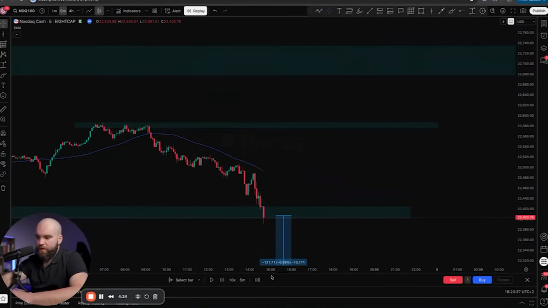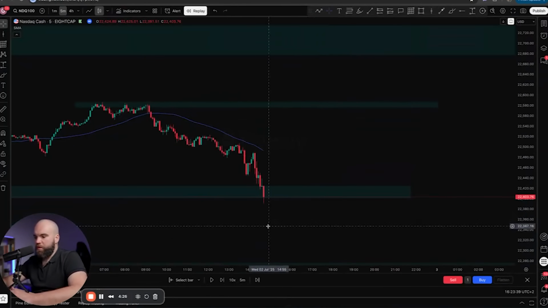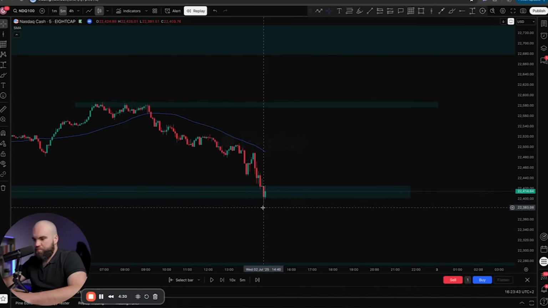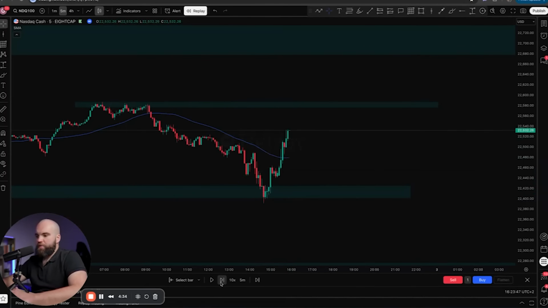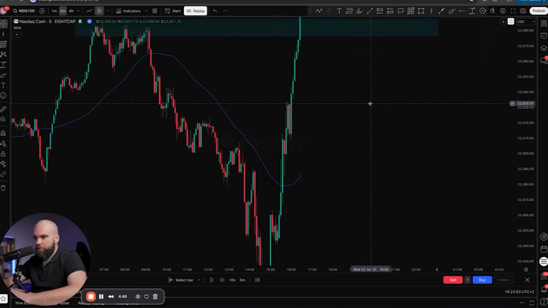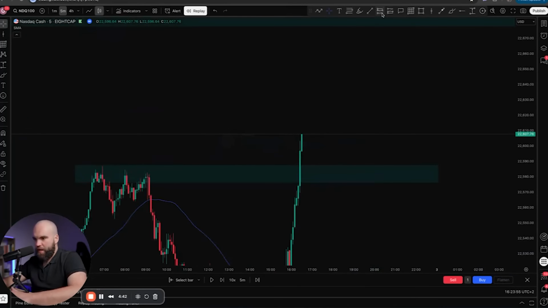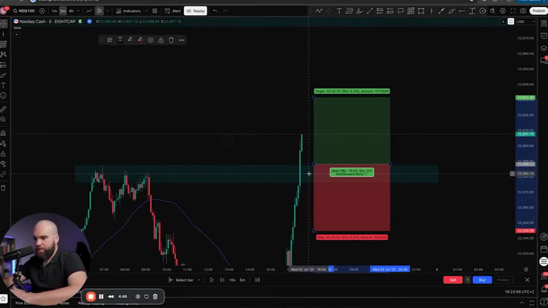So let's have a look at this particular trade example. We know we've got enough space. So you can see here, we do not break below this zone at the bottom, okay? And now we're just simply waiting for it to hopefully break out of the top. It does break out of the top here. So we would look to get involved as we retest. We are above the 50 SMA, okay?